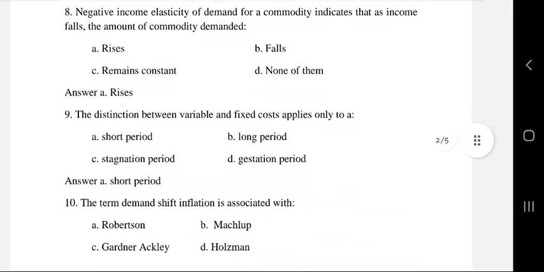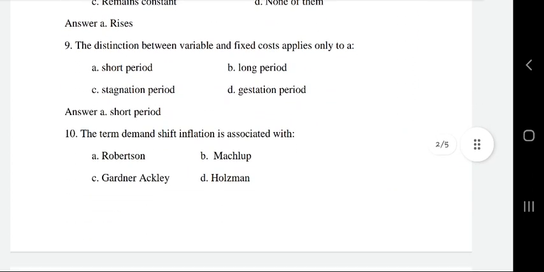Question number 9. The distinction between variable and fixed cost applies only to? Options are short period, long period, stagnation period, gestation period. The answer is short period. What is stagnation period?